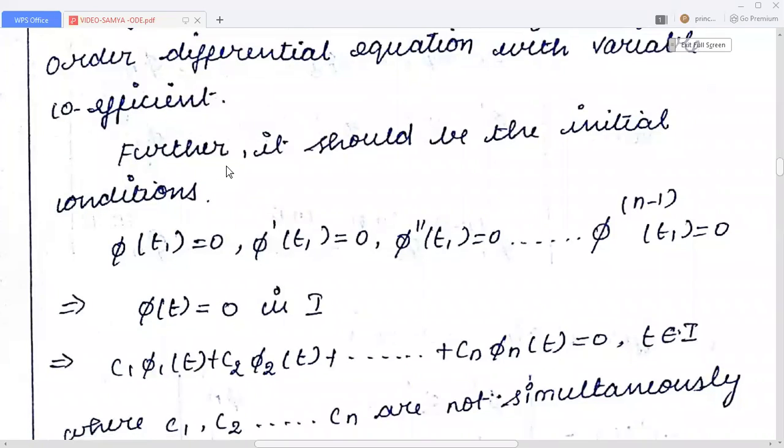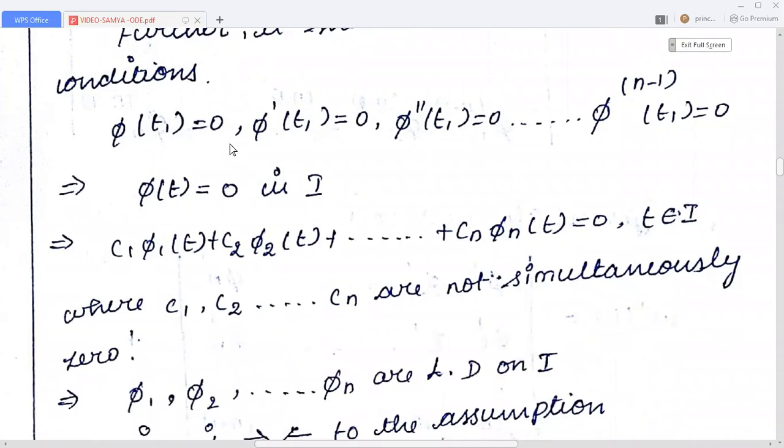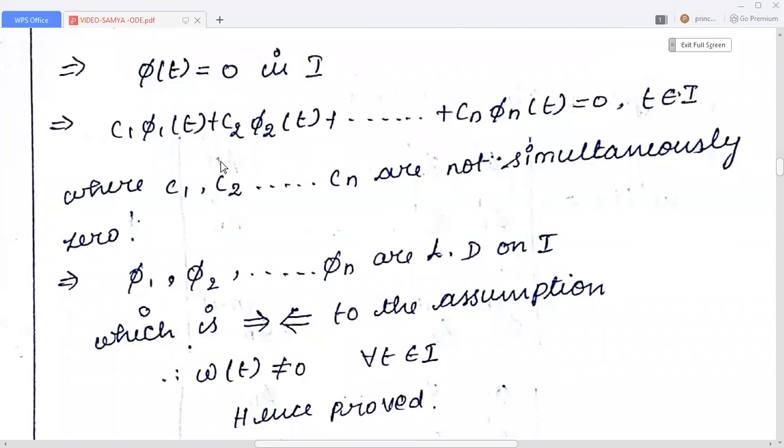Further, it satisfies the initial conditions: phi of t1 equal to 0, phi dash of t1 equal to 0, phi double dash of t1 equal to 0, etc., phi (n minus 1) of t1 equal to 0. So this implies phi of t equal to 0 in the interval I. So this linear combination gives 0 where C1, C2, C3, Cn are not simultaneously 0.